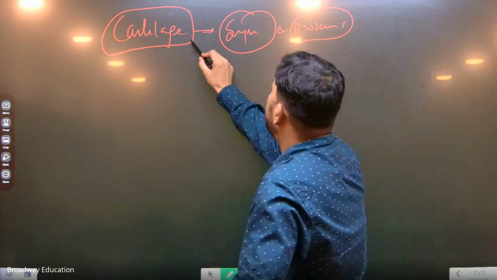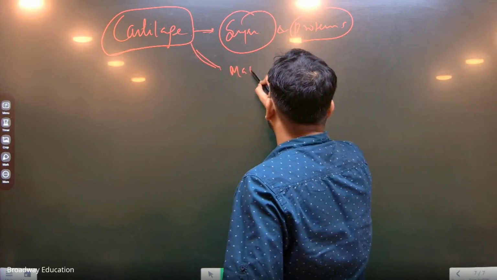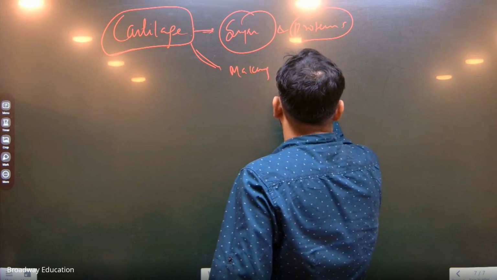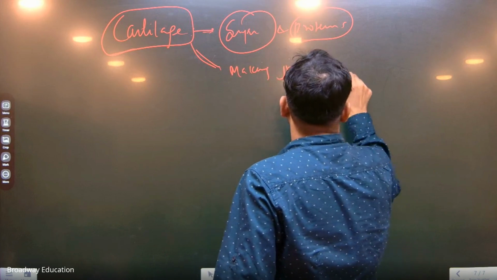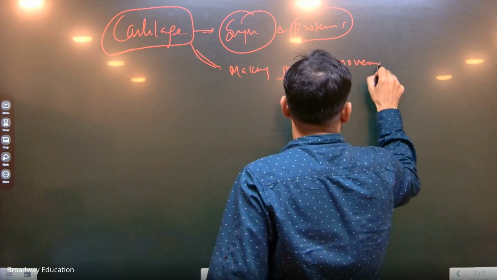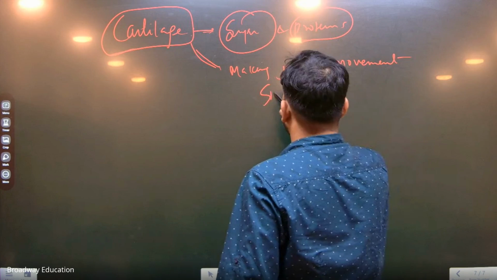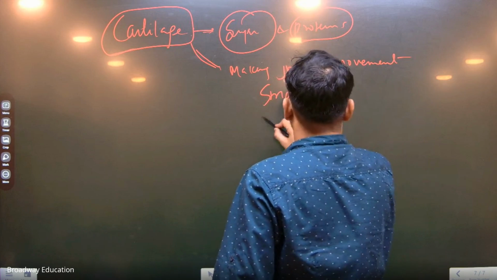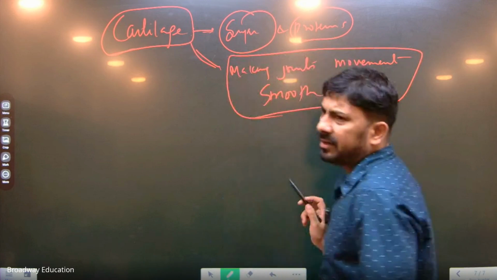So cartilage helps in making the joints movement smooth. Is this part clear with everyone?